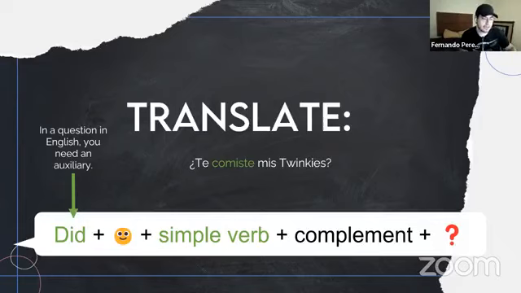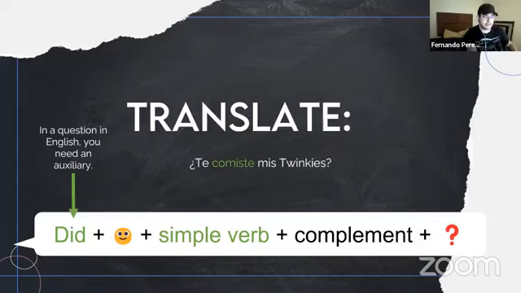When you are talking about questions in past, the person is not important. But when you are talking about questions in present, it is important. So let's talk about the difference. Okay. Let's bring it over here.